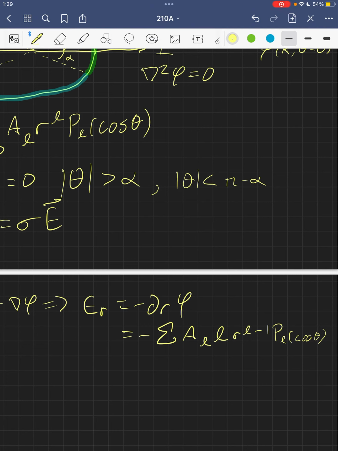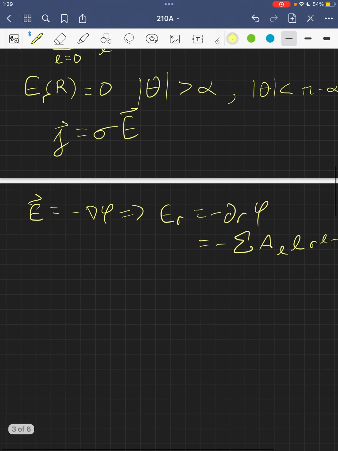All right. So now we're going to multiply both sides of this equation by sine theta, Legendre polynomial with respect to some other index, not L. So we could say L prime, for example, or K or M, however you want to say.